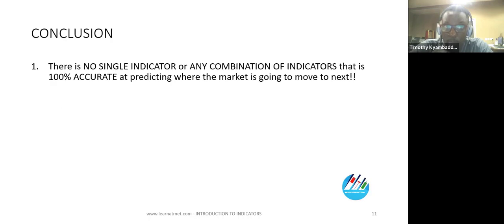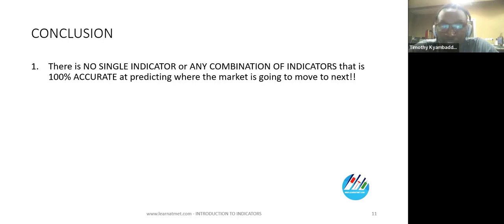So in conclusion, there is no single indicator, or combination of indicators, that is 100% accurate at predicting where the market is going to move to next. Yes, we use indicators to help us make decisions, but there's no such strategy out there, because if there was, everyone would have it and it wouldn't even be working anymore.